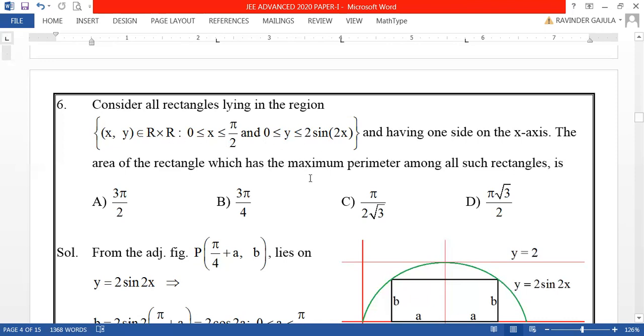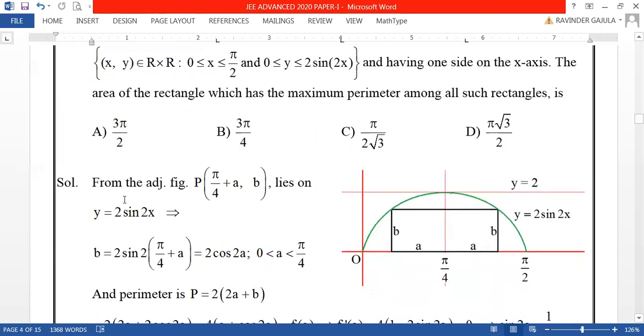Now let us see how this will be defined. Now these are the given options. So from this one, x will be taken from 0 to pi by 2, whereas y is the curve below 2 sine 2x, where x is in the interval 0 to pi by 2.